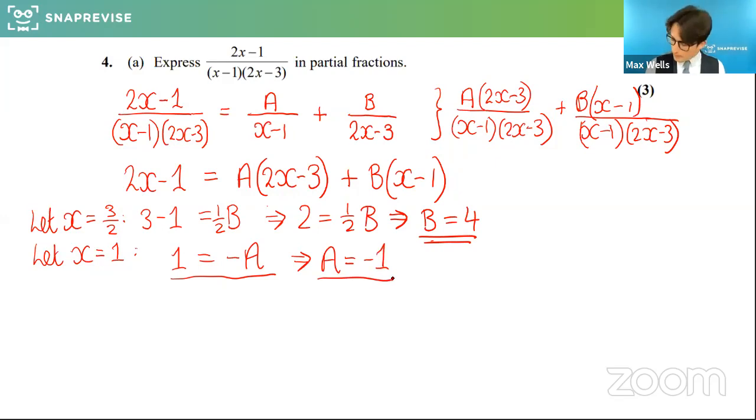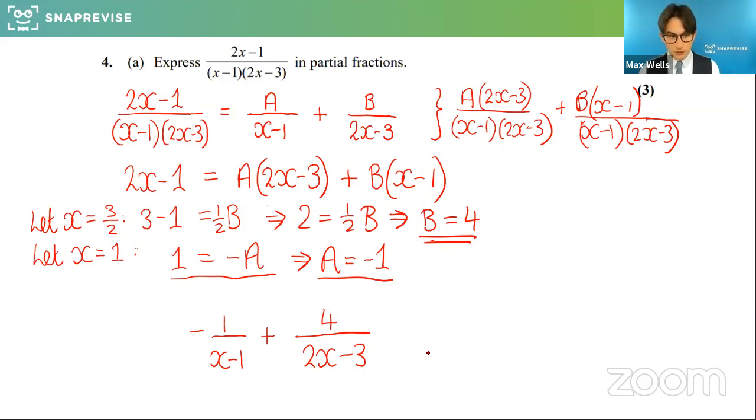Just remember, for your final mark, to plug it back in to show that this is written as minus 1 over x minus 1 plus 4 over 2x minus 3. And this is a really crucial skill. It makes this fraction a lot more user-friendly in terms of the calculus. So very well done if you got that.